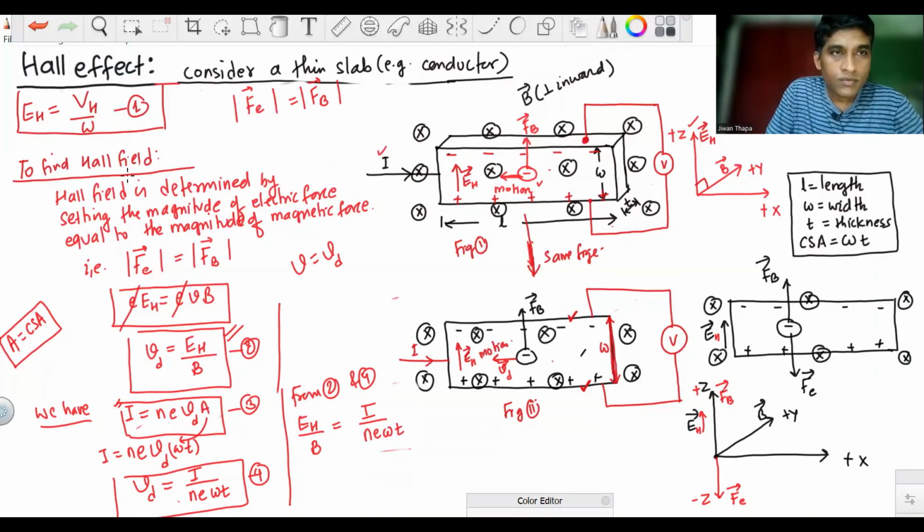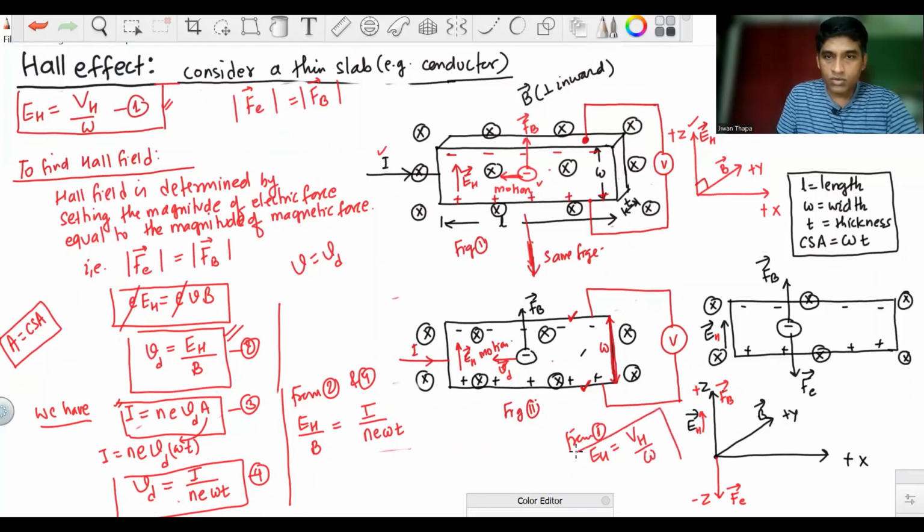Now, from equation 1, EH equals VH by W. So we can write EH equals Hall voltage by W, that is width, and we have magnetic field at the denominator.